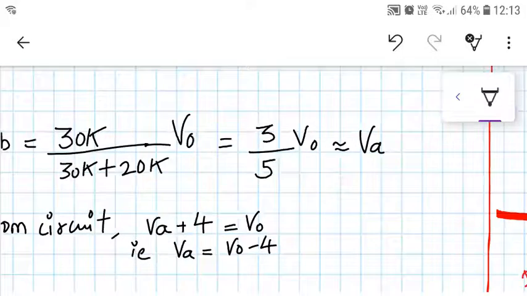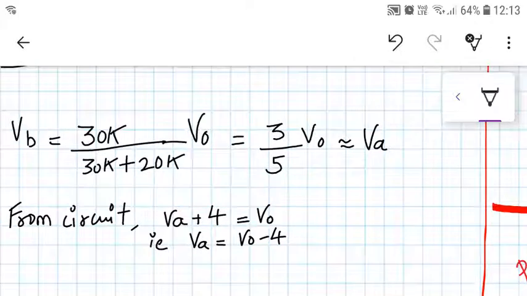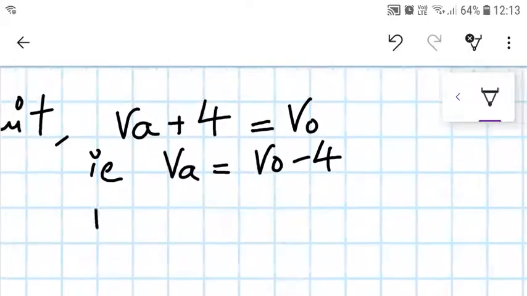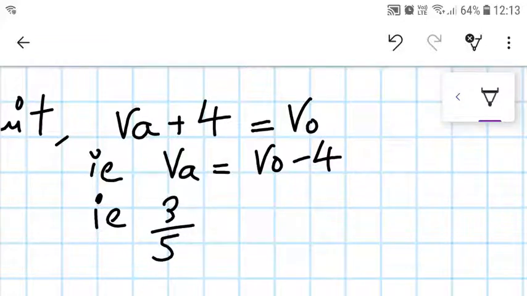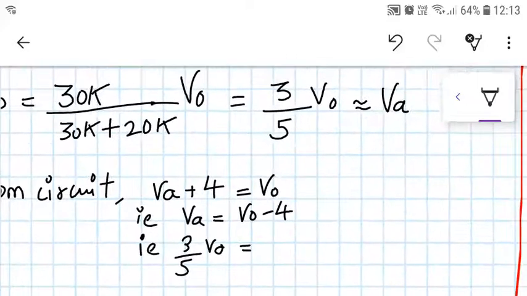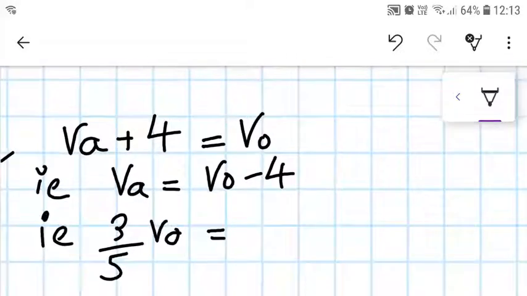So can we substitute VA is equal to 3 by 5 VO? Yes, that is exactly what we do over here. In the next step, we will substitute 3 by 5 VO in place of VA: 3 by 5 times VO is equal to VO minus 4.